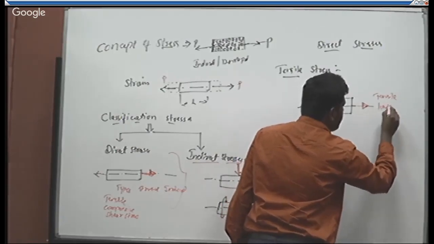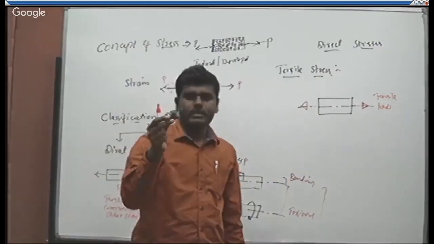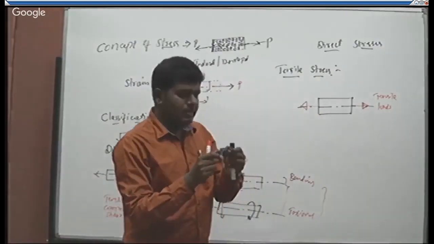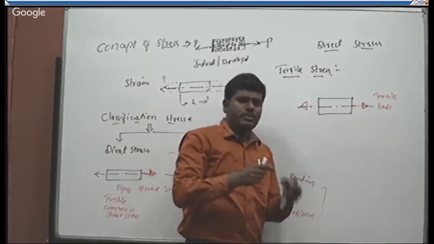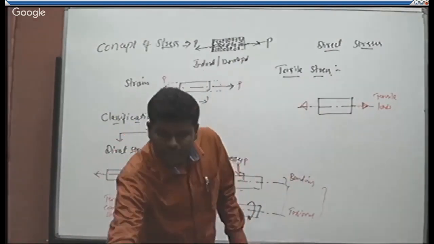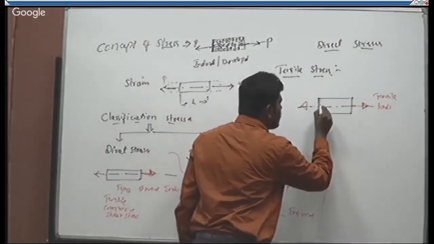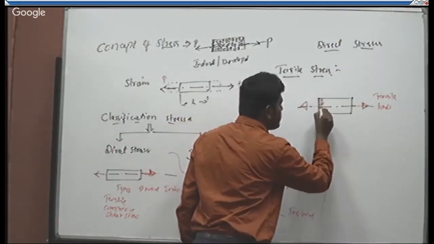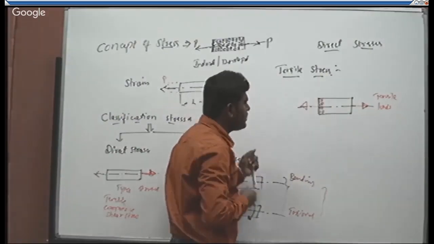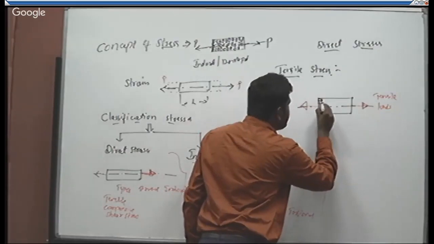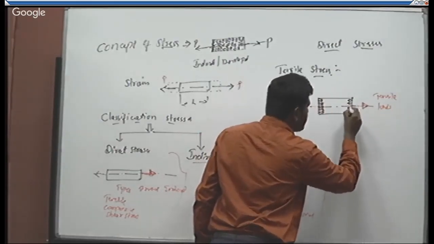The material of this member, this spring, opposes this kind of action due to the action of tensile loads. So this develops a resistance due to the presence of these forces. We have seen this in the concept of stress. There will be an induced resistance against these types of loads.